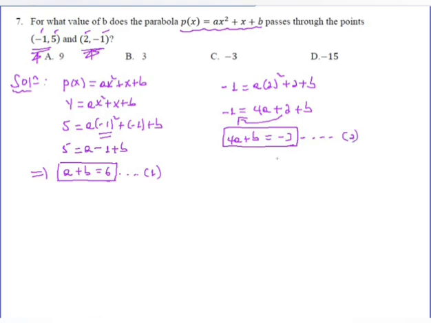So from equations 1 and 2, we have a simultaneous equation of 2 variables. a plus b is 6, 4a plus b is minus 3. Let us multiply the first equation by minus 1 and the second one by 1, so that b will be eliminated.